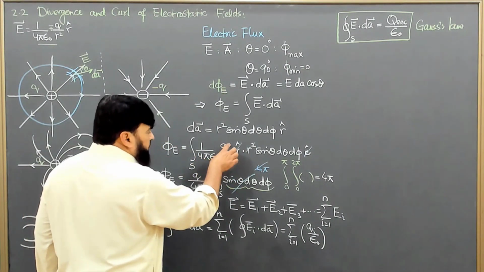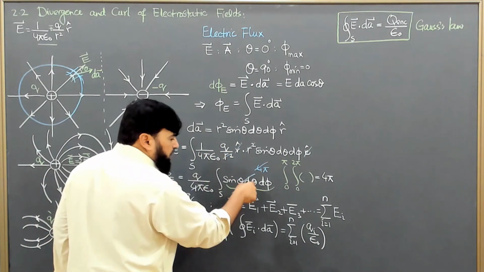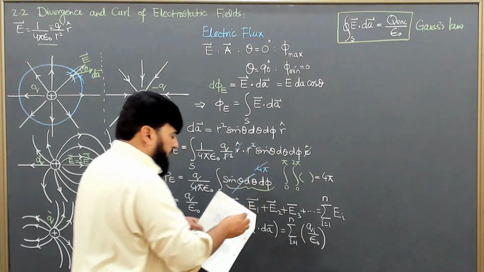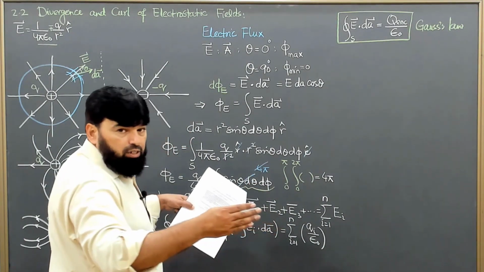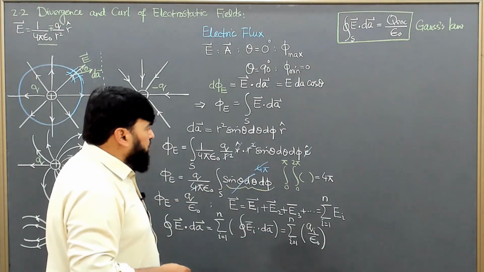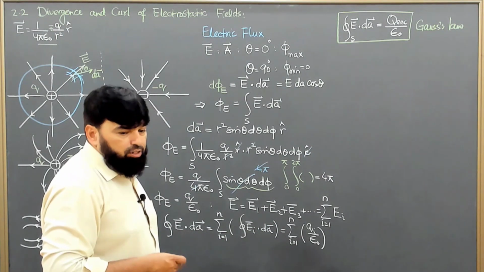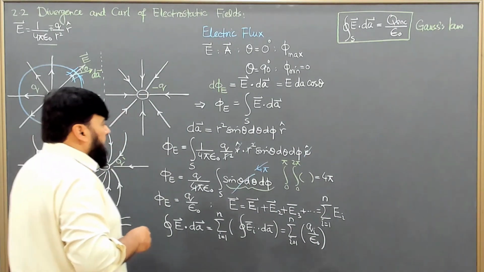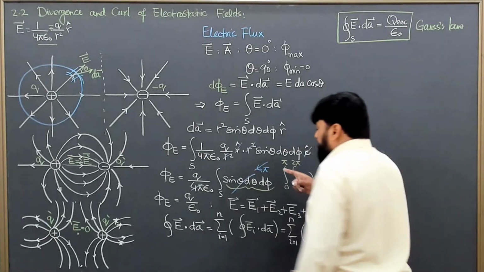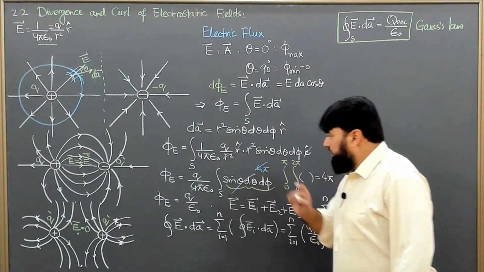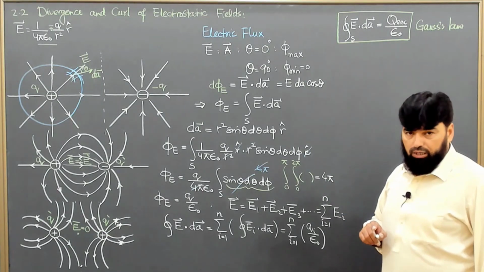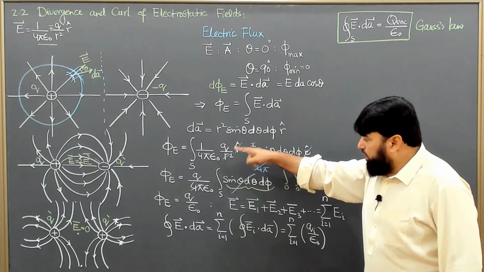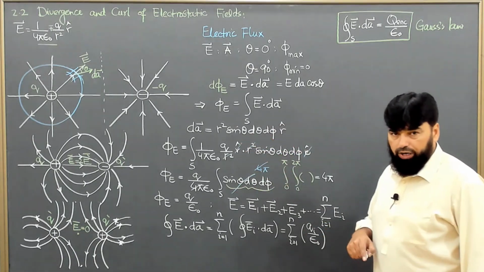The electric field is decreasing as 1 over R square, while the area element is increasing as R square, and both cancel the effect of each other, and the shape dependence here is null. The shape dependence is gone. Only a closed surface is required.